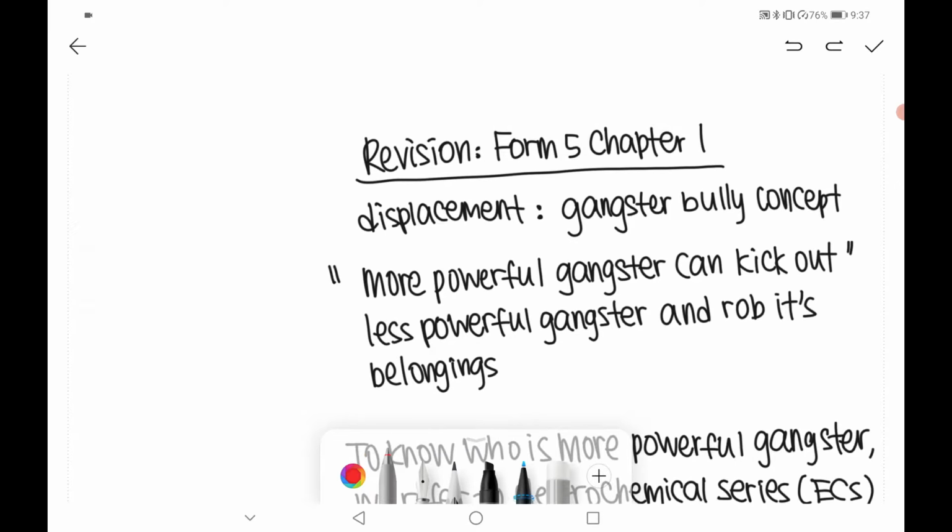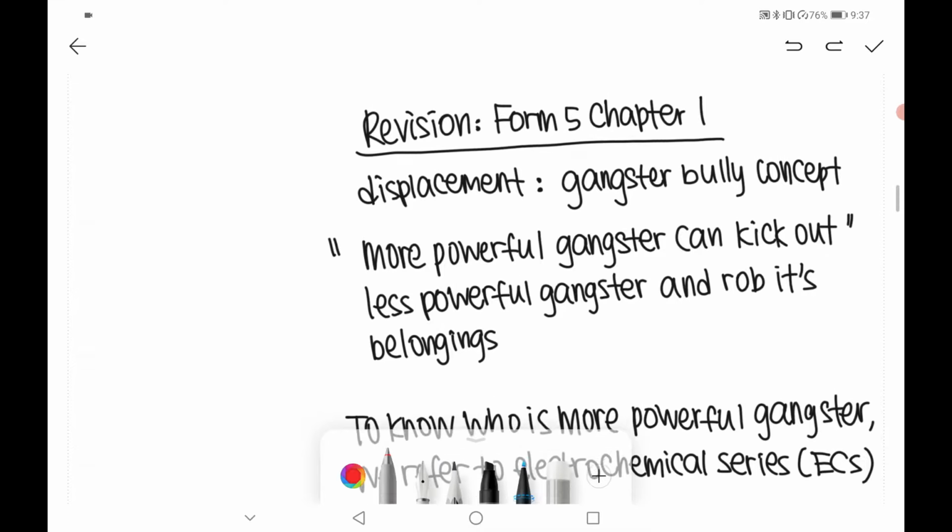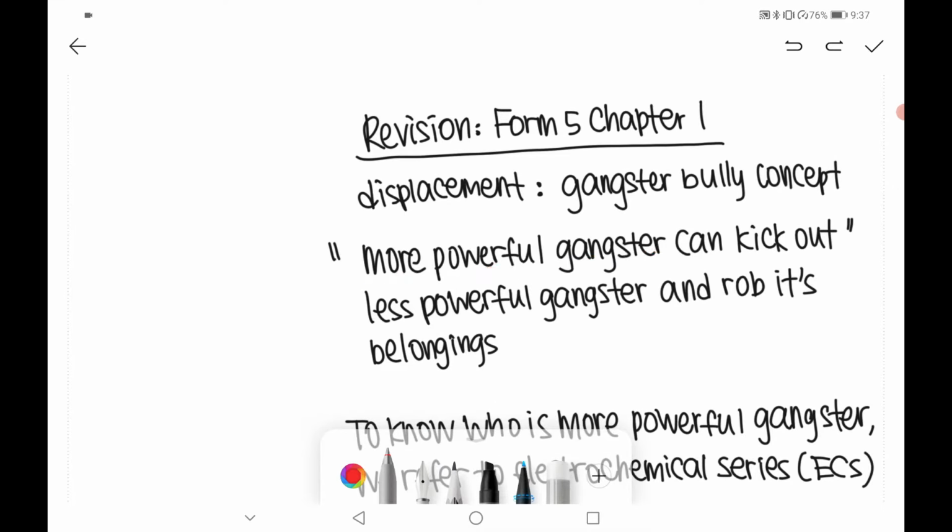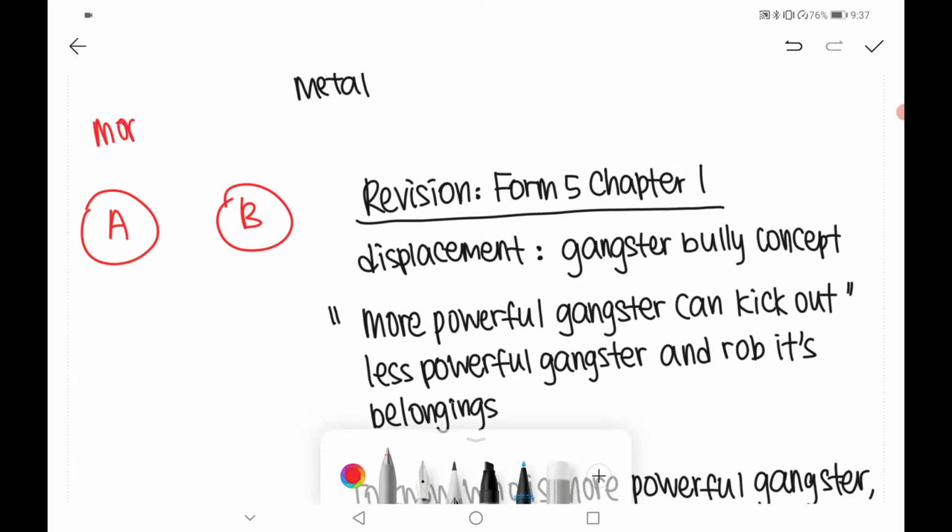Gangster bully concept means the more powerful gangster can kick out the less powerful gangster, and they will rob its belongings. You just imagine a concept like this. You have A and you have B. A is a more powerful gangster.